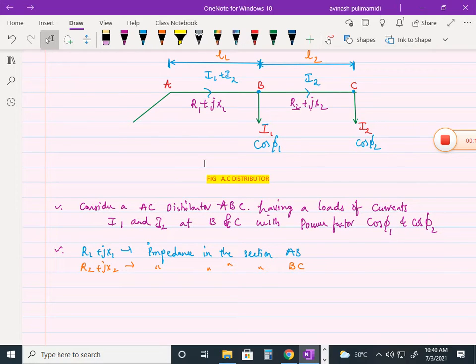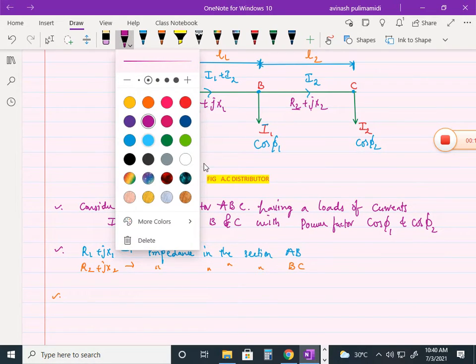Now let us find the currents flowing in the sections.